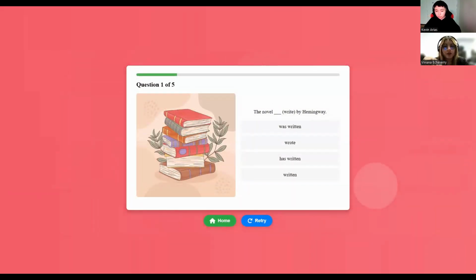Okay. So here we have our first question that says: the novel, write in this case is our verb, by Hemingway. So in the passive voice, the past participle is used after a verb to be. So taking that in mind, we conclude that the correct option is was written.